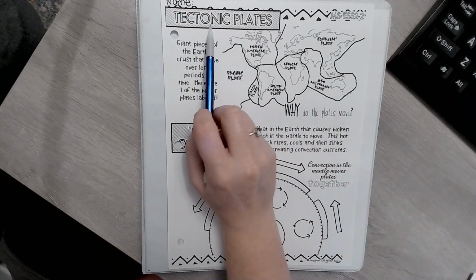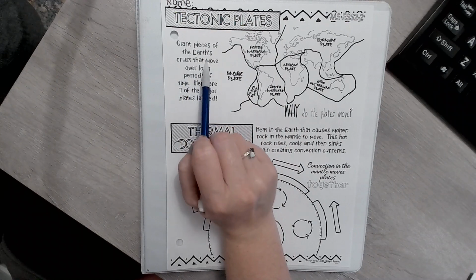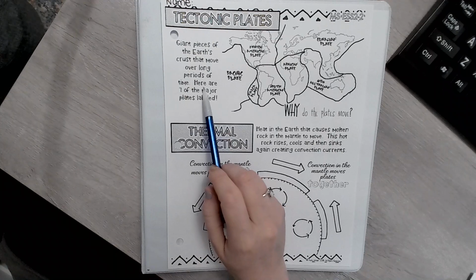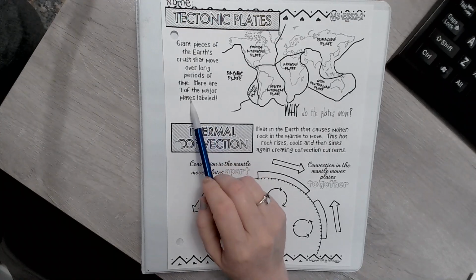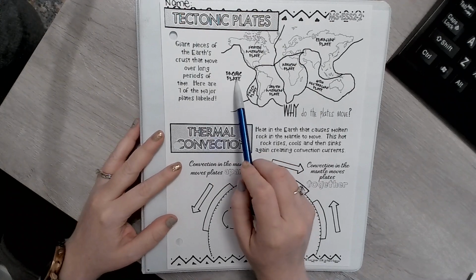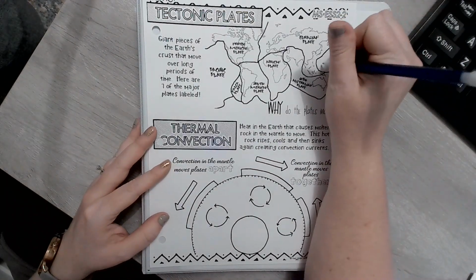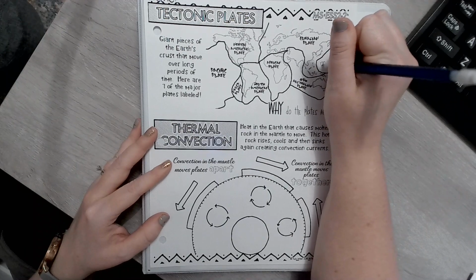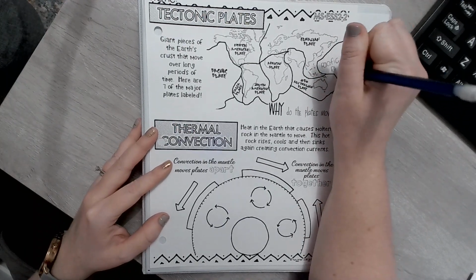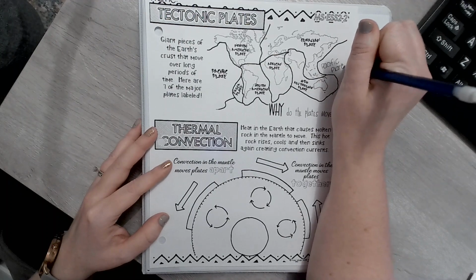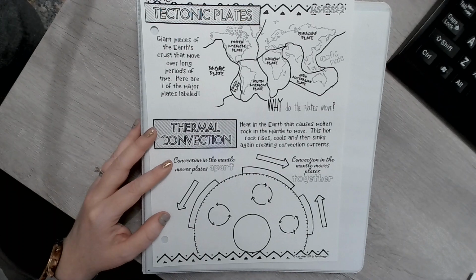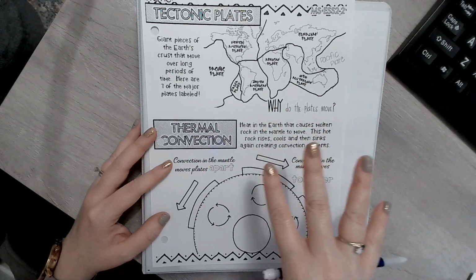So, tectonic plates. These are giant pieces of the Earth's crust that move over long periods of time. Here are 7 of the major plates that are labeled. So we have our Pacific plate, and we have to remember that our Pacific plate also extends into here. So I am just going to write that, because with the way these are all jigsawed together, you're not going to get a perfect cut.